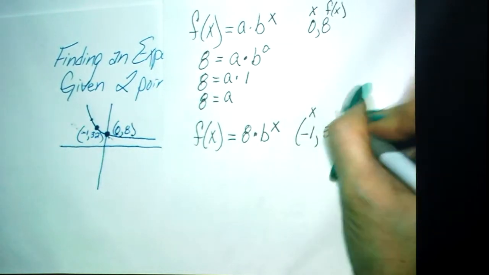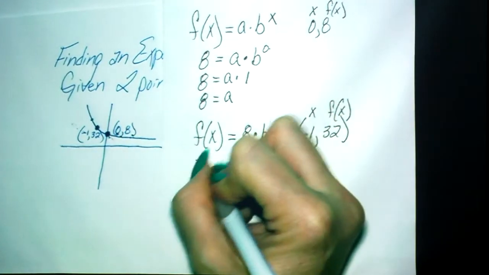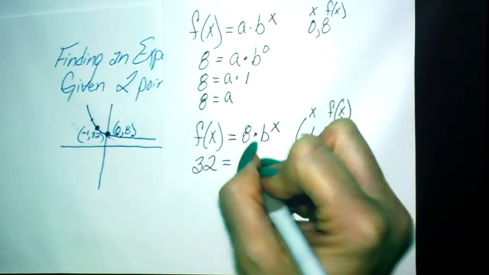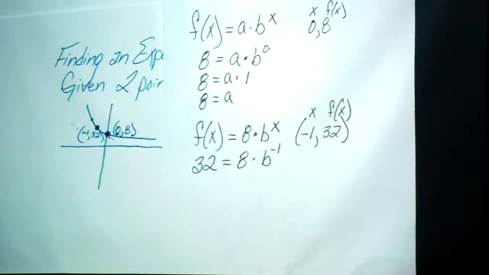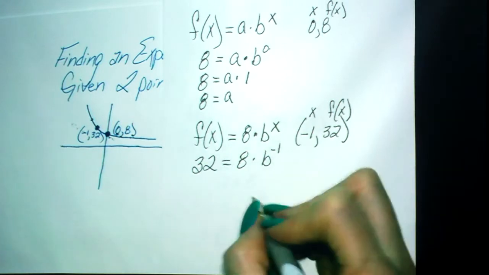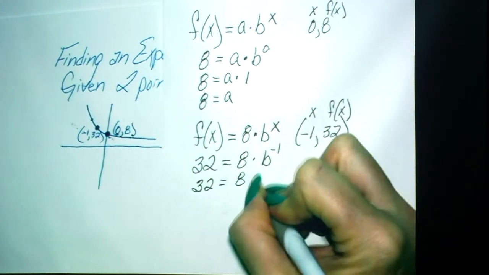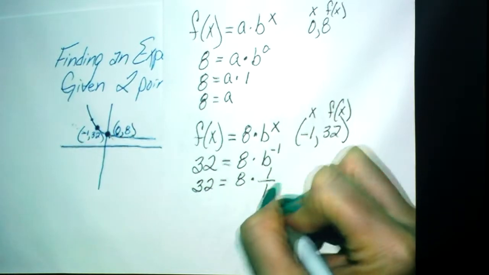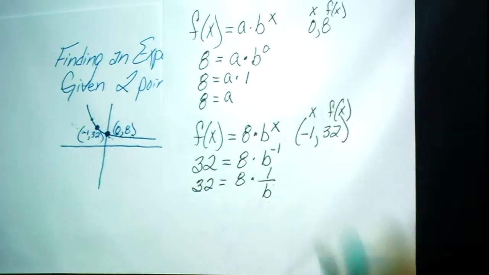So this is my x, this is my f of x, and let's plug those in. We have 32 is equal to 8 times b to the -1. Okay? So 32 is equal to 8 times 1 over b. Because it's a negative exponent, remember that moves it down to the denominator and makes your exponent positive.